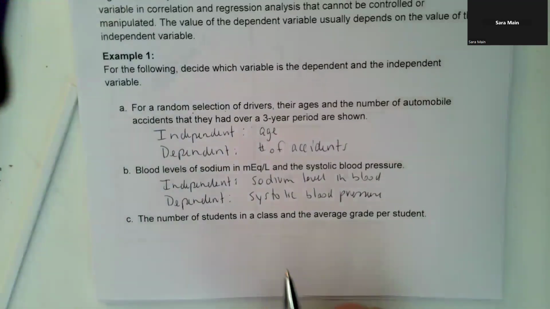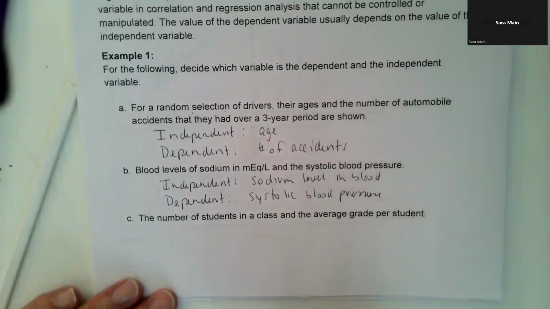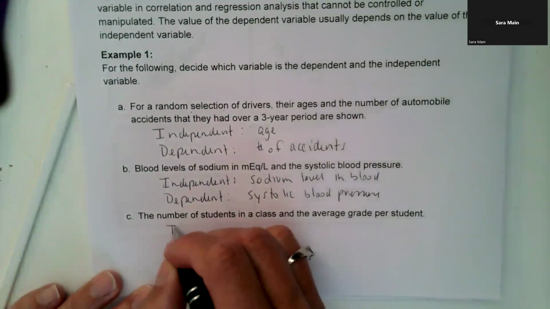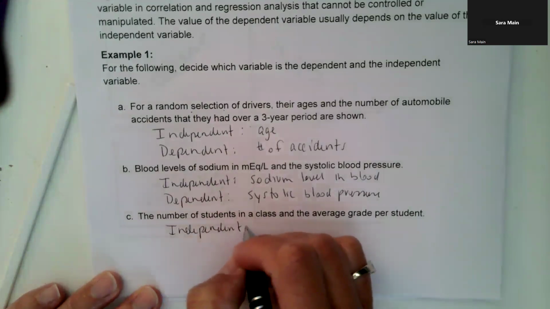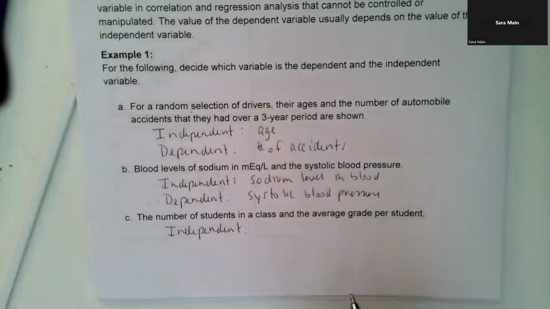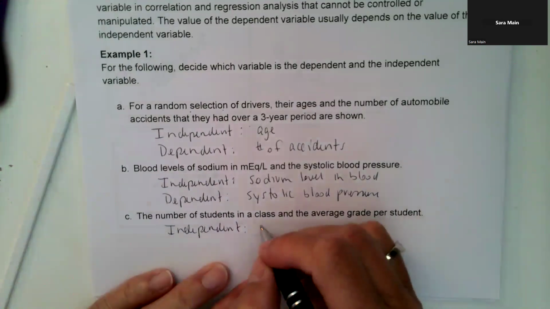The number of students in a class and the average grade per student. So the independent variable would be the number of students in class.